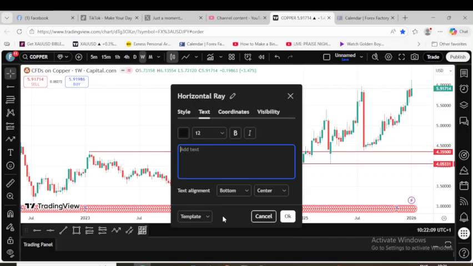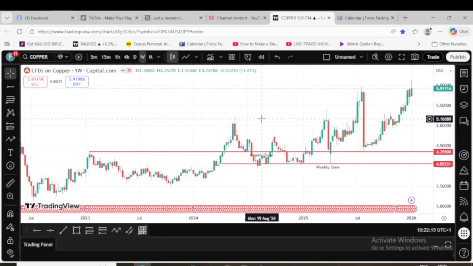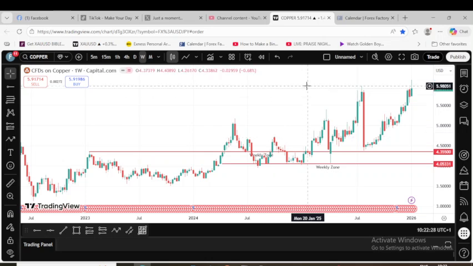There's another zone here. There's a zone here, but it doesn't seem to still be valid.